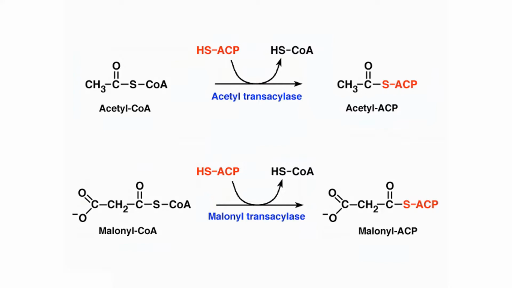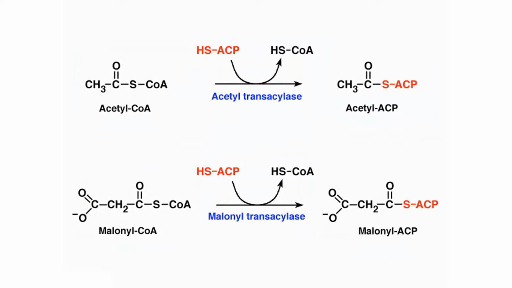So the first step in fatty acid synthesis is the production of malonyl CoA. The second step requires two parallel reactions. In the first, we have acetyl-CoA, which is going to be transferred, or the acetate group or acetyl group is going to be transferred to an acyl carrier protein.